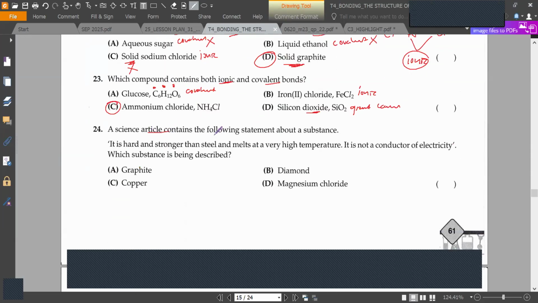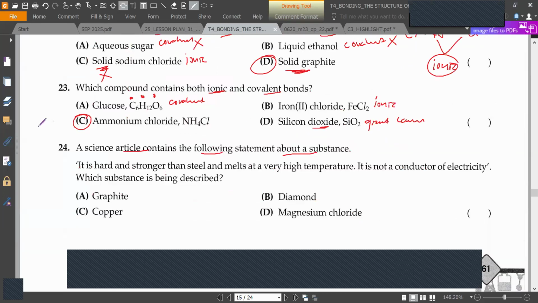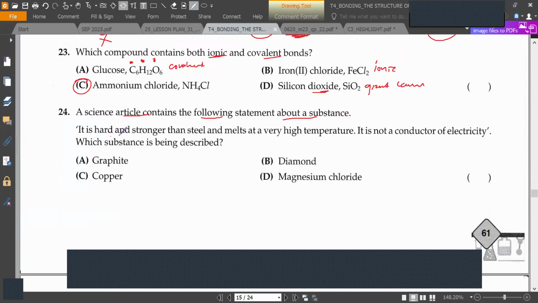A science article contains the following statement about a substance. It is hard and stronger than steel and melts at very high temperature.